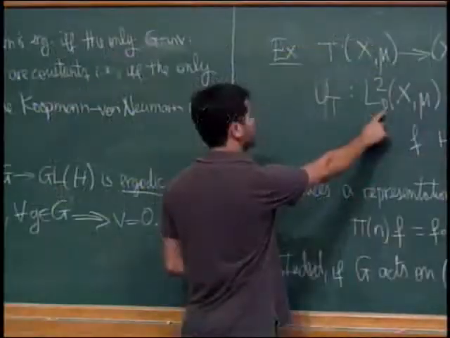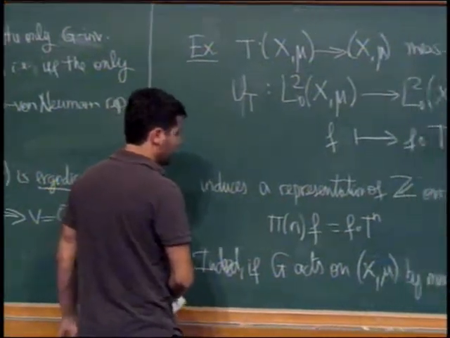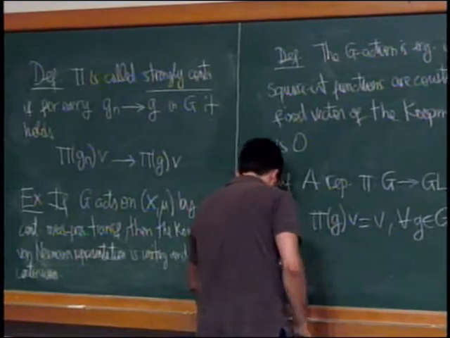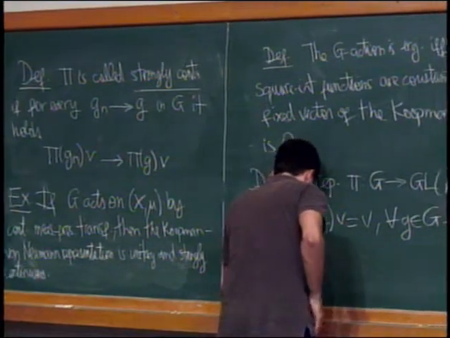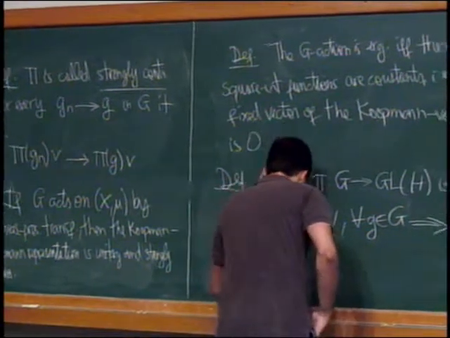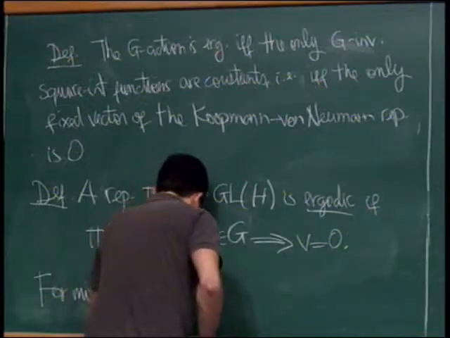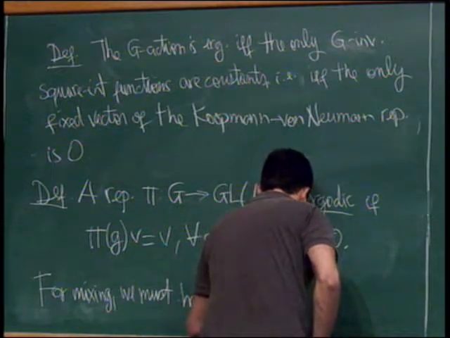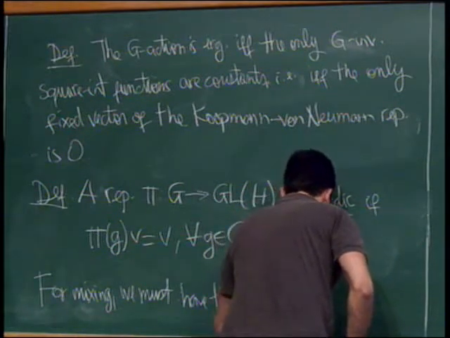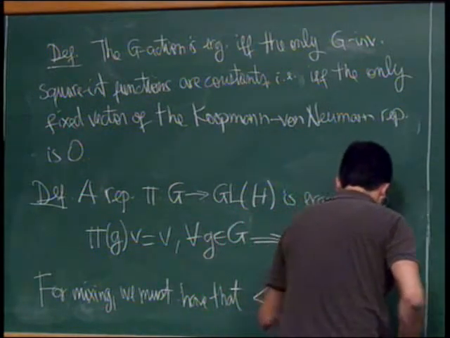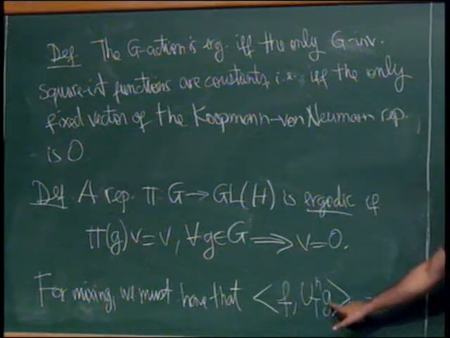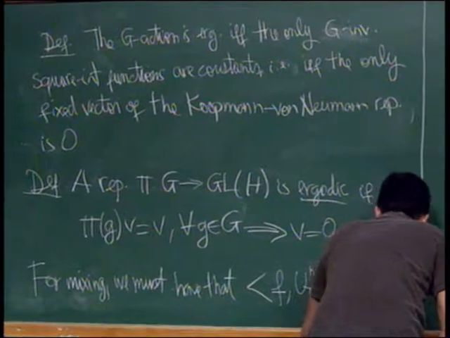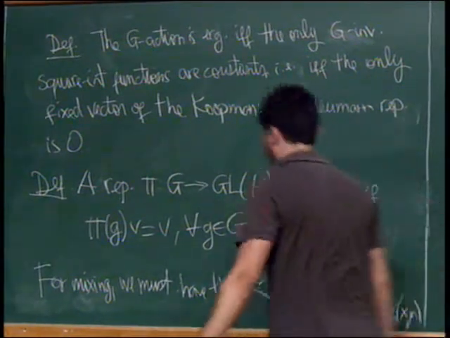If you restrict yourself to L2, for mixing we must have that this inner product of f with U_T^n of g goes to 0 for every f and g in L2_0 of mu.